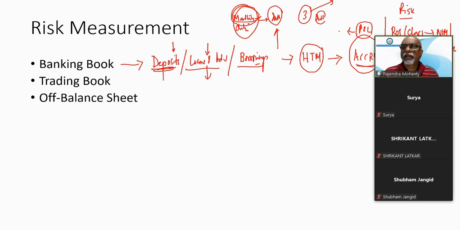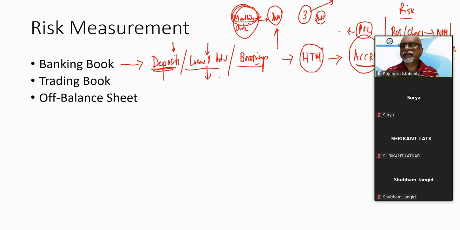But one thing which is not there in the banking book is market risk. Market risk is not there because there is no investment portfolio in the banking book. Or we can say no market risk is there in the banking book because this book is not open to the market.